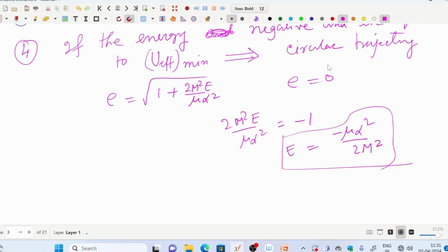But now we have to check whether this is the energy at the minimum of the U effective.